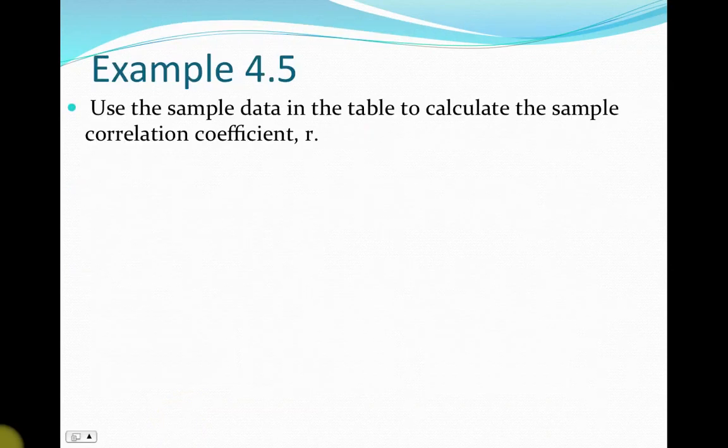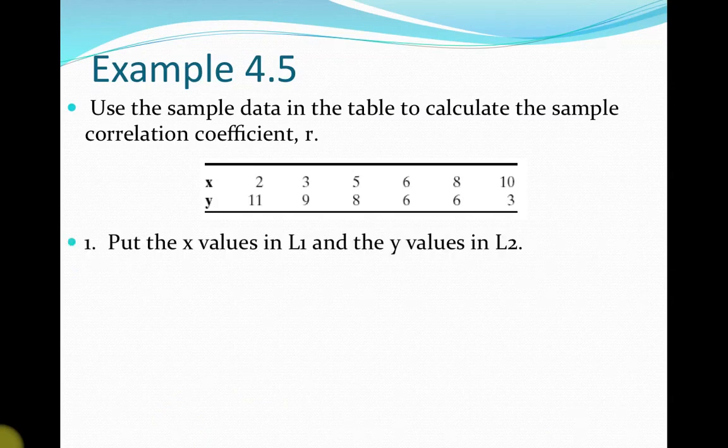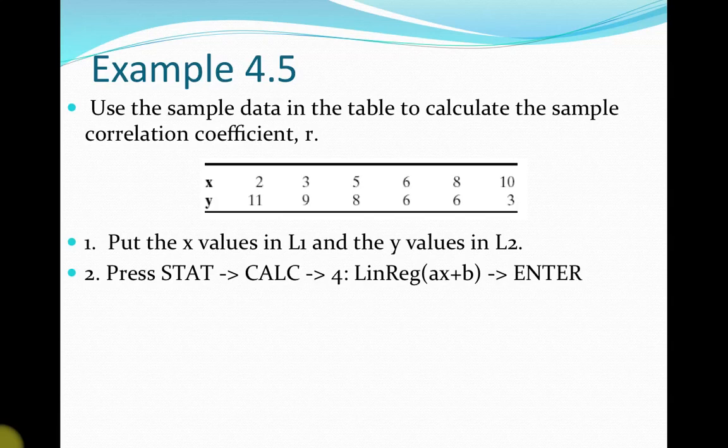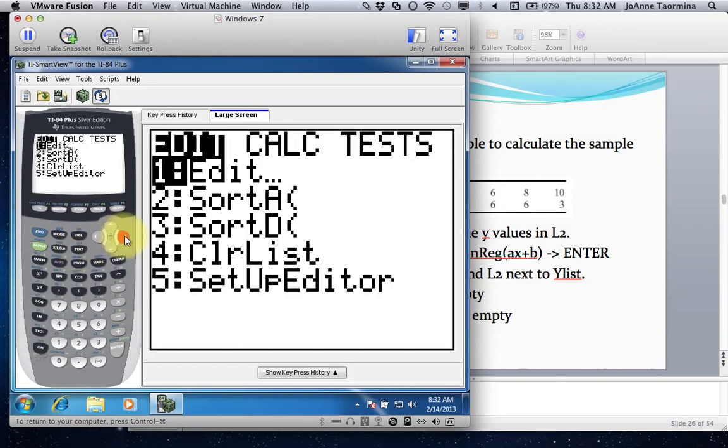Use the sample data in the calculator to calculate the sample correlation coefficient R. Okay, we already put this data in our calculator. So to find R, we're going to use a calculator function called linear regression. It's the number 4 item in the menu under Stat Calc. So we're going to press Stat and go over to the Calc menu.